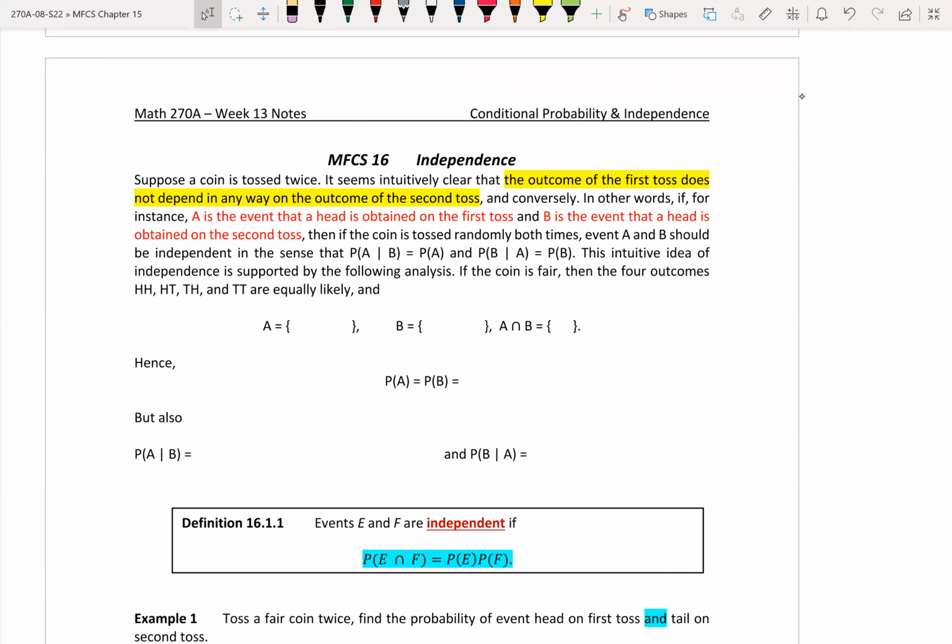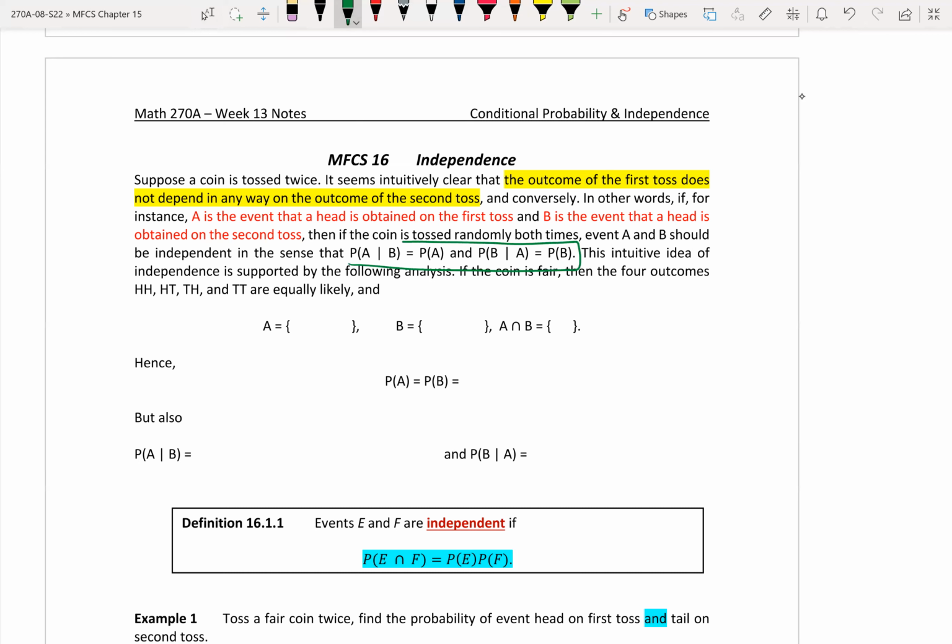Let's define the event A to be a head on the first toss and the event B to be a head on the second toss. These are two events that we define. We want to check whether they are independent or not. This is the test we saw in the previous class.